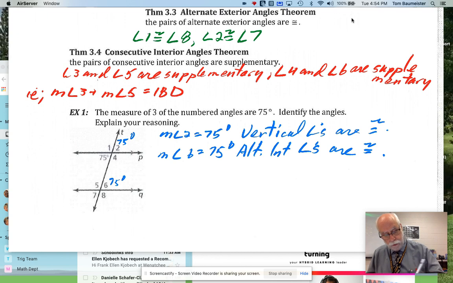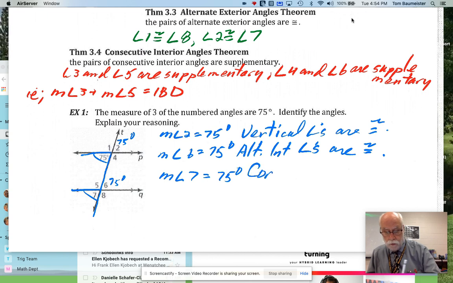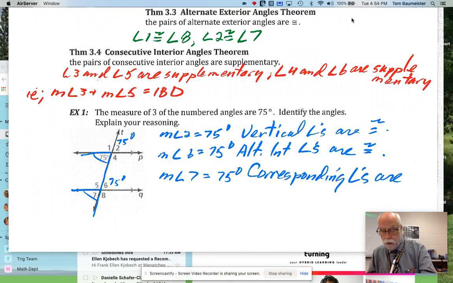But just to get you to think about the other ones here, 75 degrees is right here. Look at what I have here: F angles. What are F angles again? Corresponding angles. So we can say that the measure of angle 7 is also equal to 75 degrees because corresponding angles are congruent.